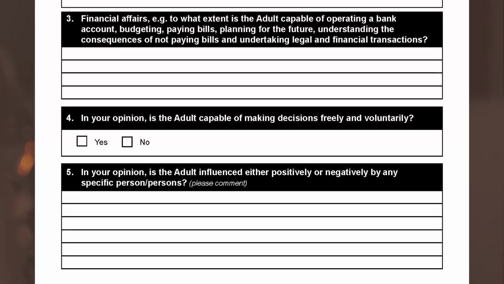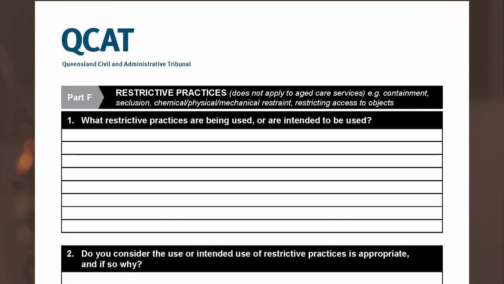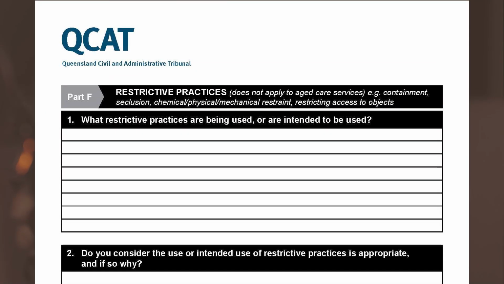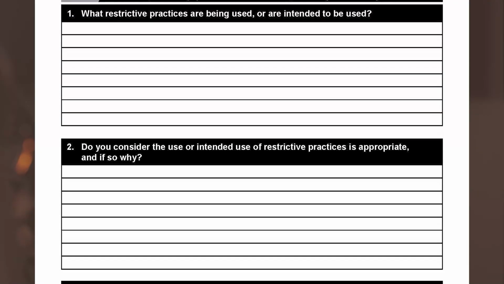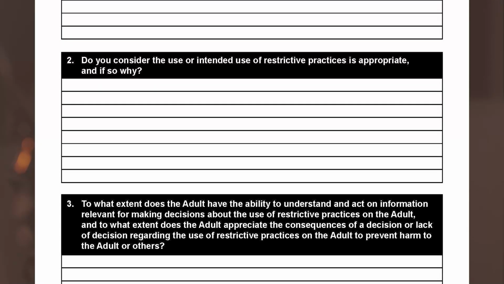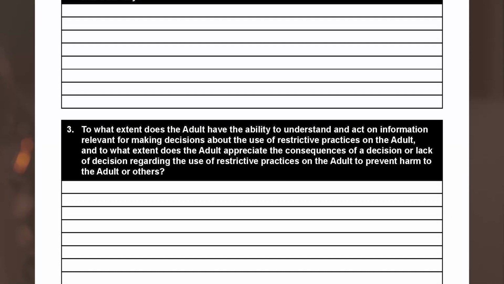So that's also a piece of the puzzle in relation to the capacity formulation. Part F goes to restrictive practices that we spoke about earlier. And once again, they only relate to restrictive practices as they exist in the disability sector.